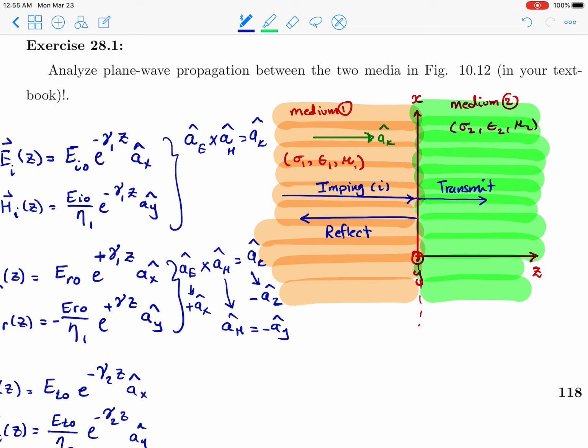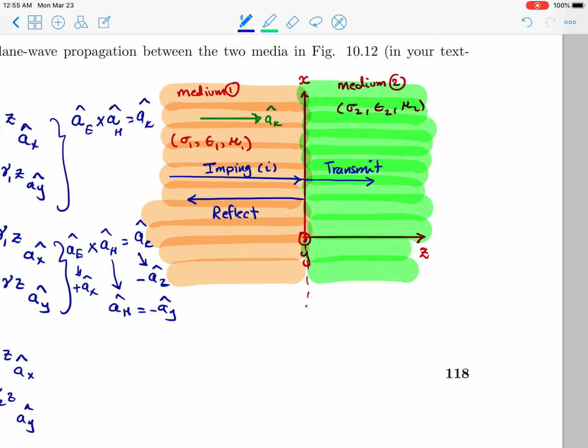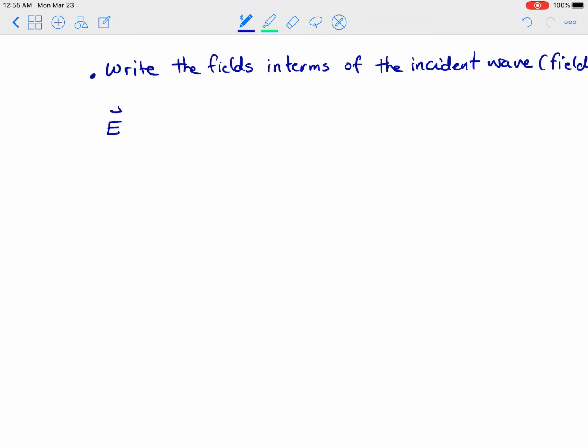The electric field in medium 2 consists of only one part, which is the transmitted field. The same thing applies for the magnetic field. So E1 should be E incident plus E reflected. E2, the electric field in medium 2, should be only E transmitted.